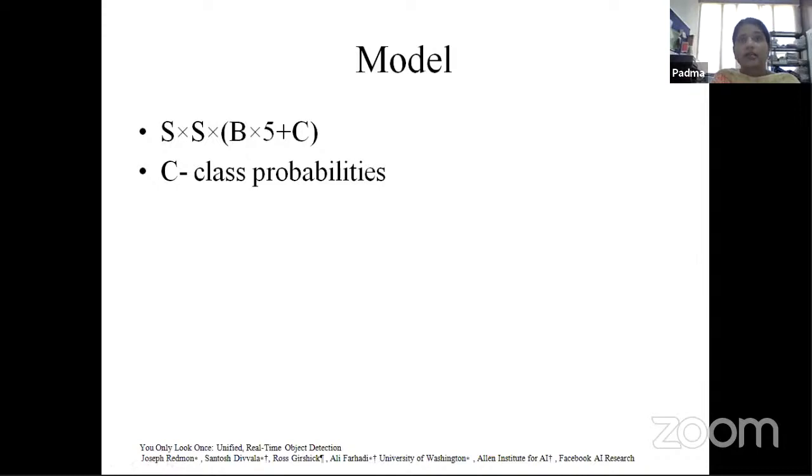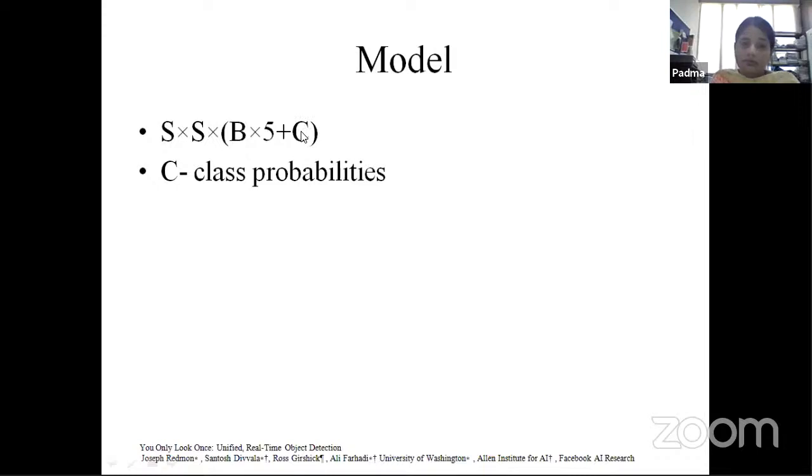And here plus C. C here is the class probabilities. Suppose I want to detect objects, and we consider how many classes are present in the given training set of images. Suppose only 2 classes exist. So we can consider the number of class probabilities accordingly.